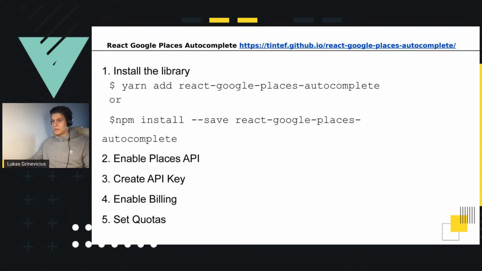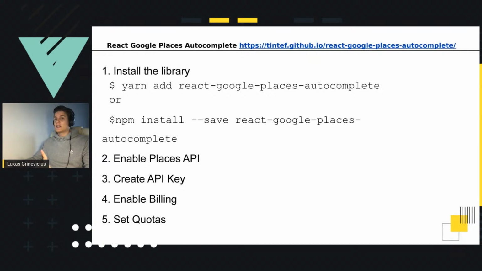Click enable here. Okay, let's wait a second while it's enabling. Also, don't forget, you need to have some sort of a project selected here. As you can see, I've selected Uber Eats clone. If you don't have a project, click new project and create it. After you do that, you will have to go to Places API.